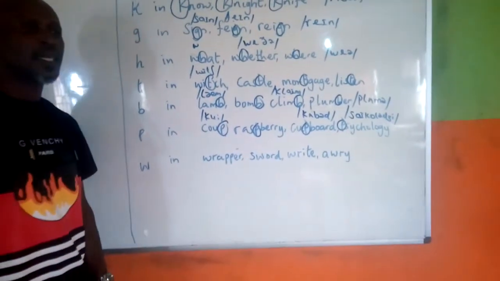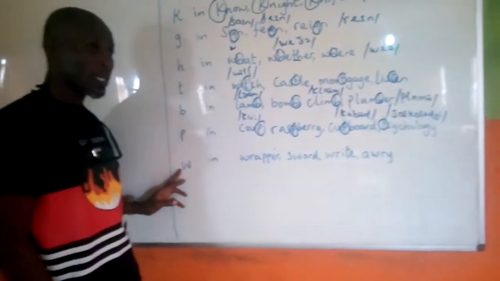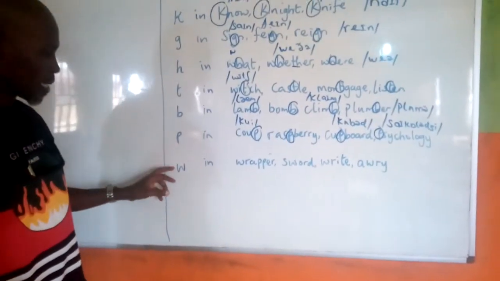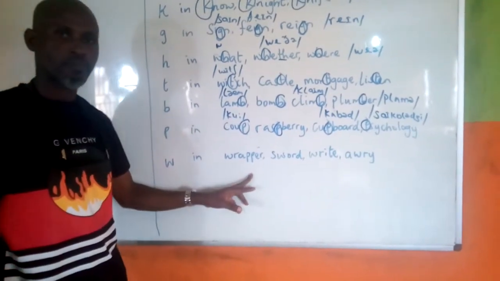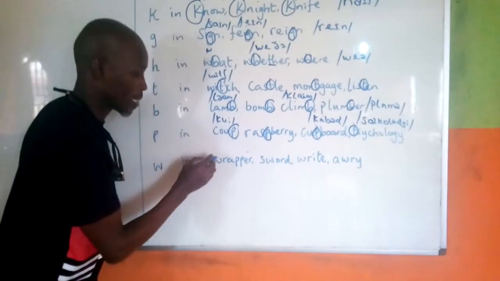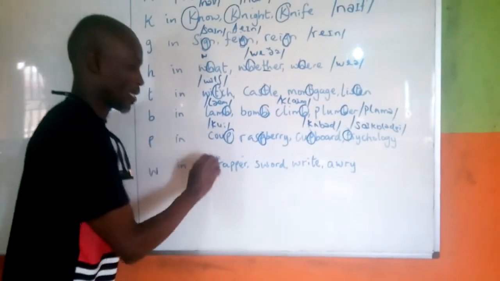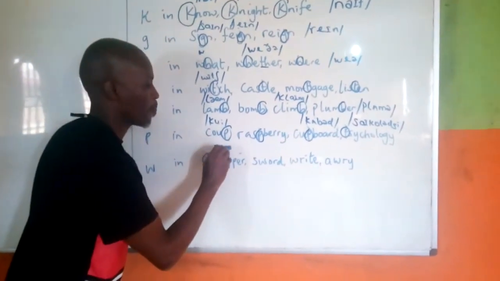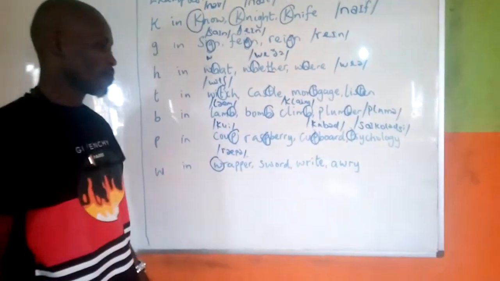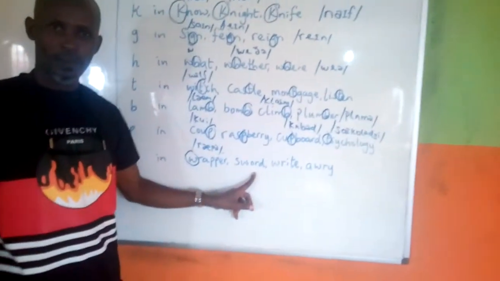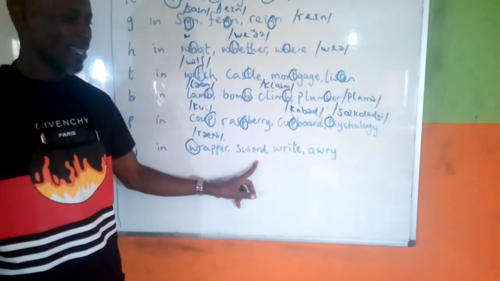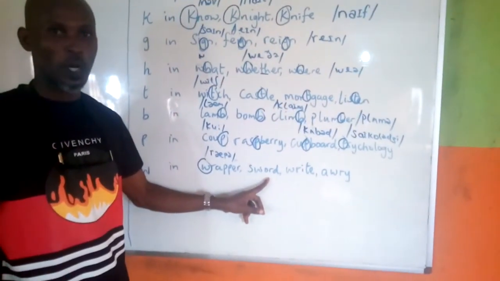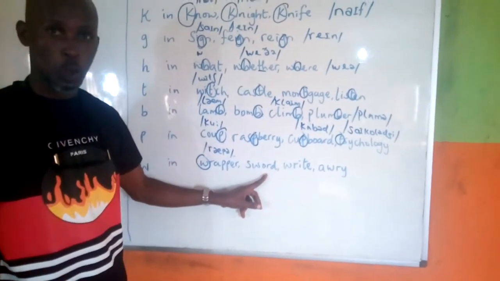Now let's look at the next one. This is another one. It's a bilabial sound, and it's the letter W, and it's pronounced in "wrapper". The W is silent. So this is what is actually pronounced. And also in "sword", most people pronounce the W. This is not pronounced that way, but it's pronounced "sword".